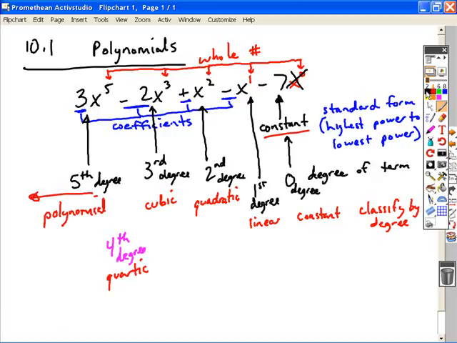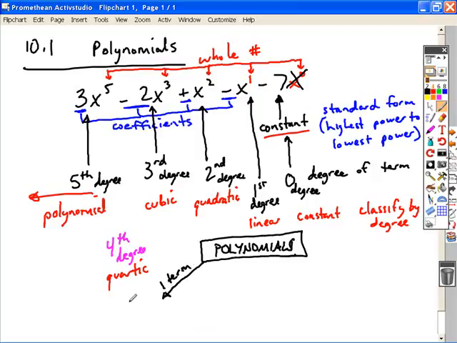Okay, the last thing that you need to be aware of regarding polynomials is they can be classified also by the number of terms. And so if you have a polynomial with just a single term, it could be something like x squared or even negative 3x squared.